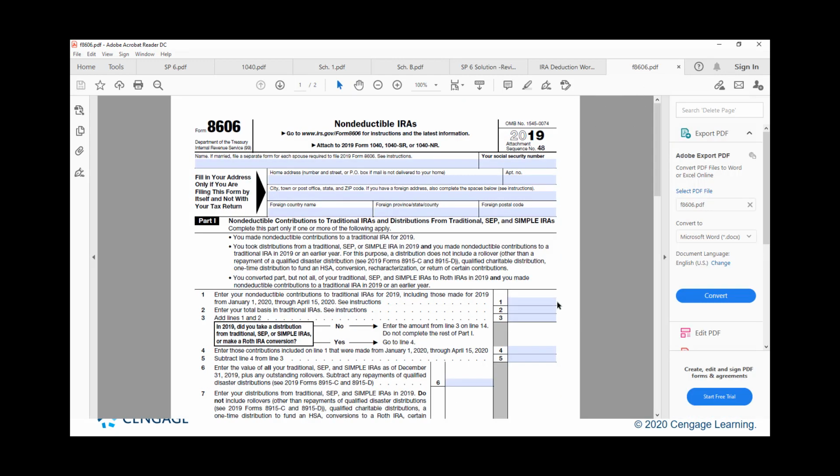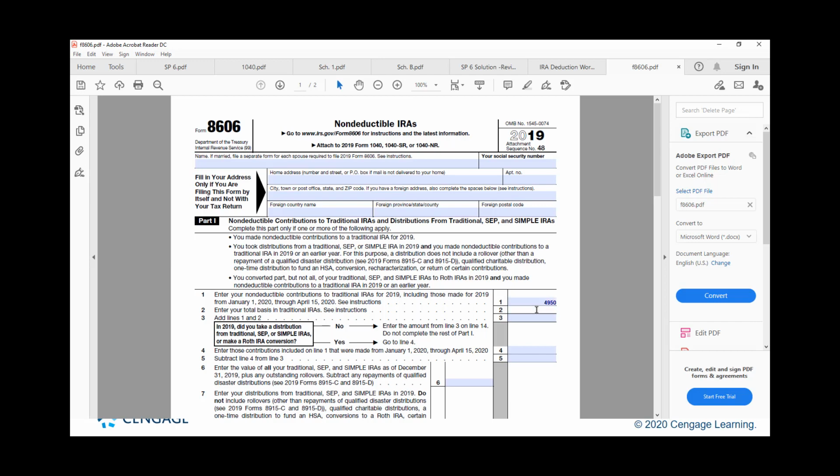Now, if 6,000 is the contribution and 1,050 is deductible, how much is non-deductible? We would take the 6,000 minus the 1,050. It would come out to how much? 4,950. That's the amount of non-deductible contributions to traditional IRA for the year. It's only for this year.